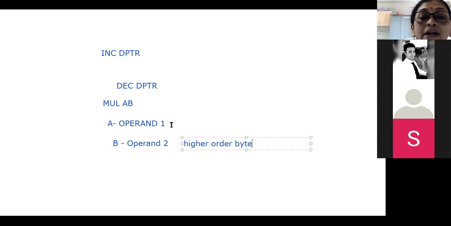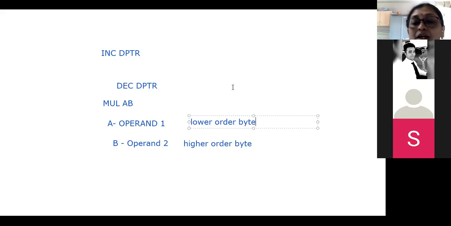So register B contains the higher order byte, and register A will contain the lower order byte.